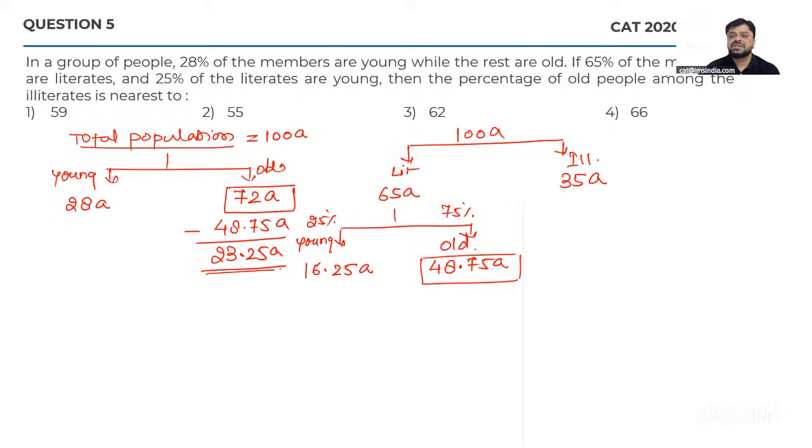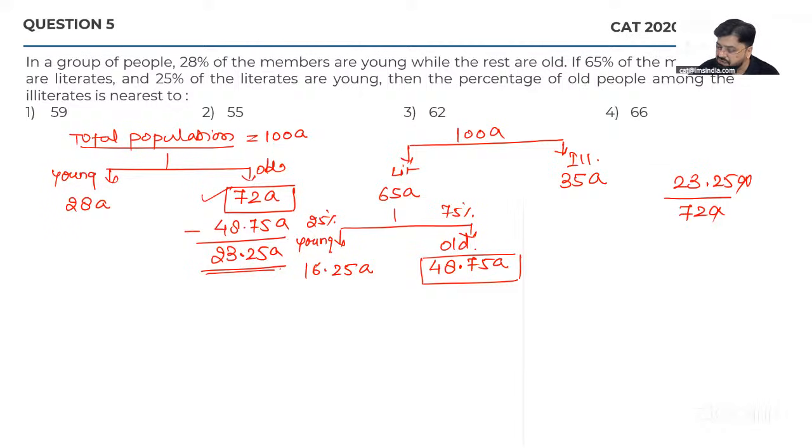Now the question is the percentage of these among the illiterate. This is 23.25A, close to 1/3.